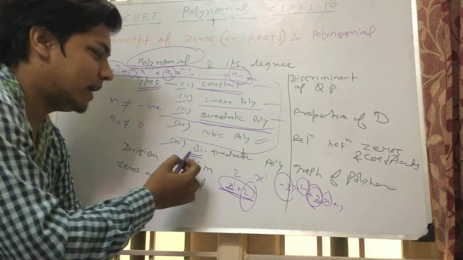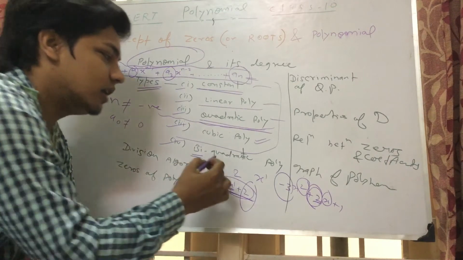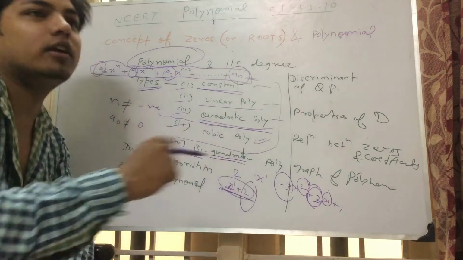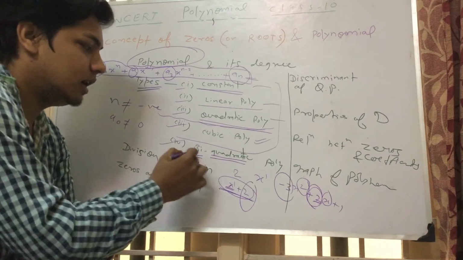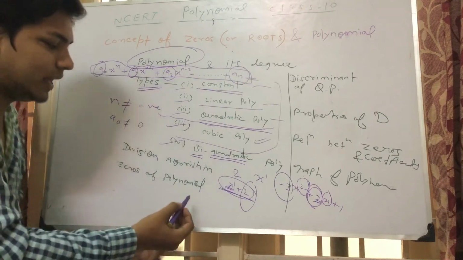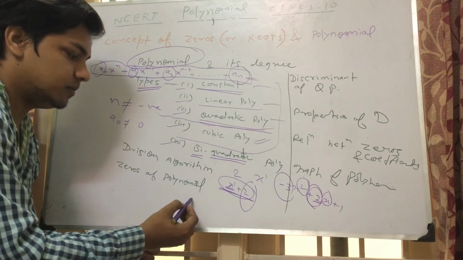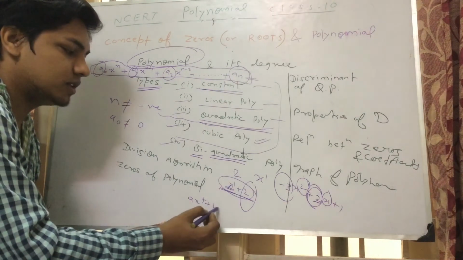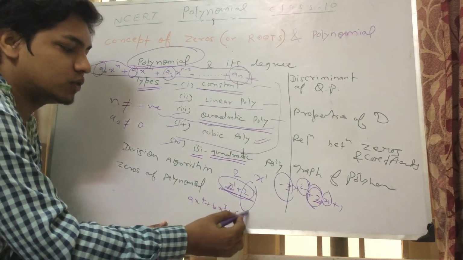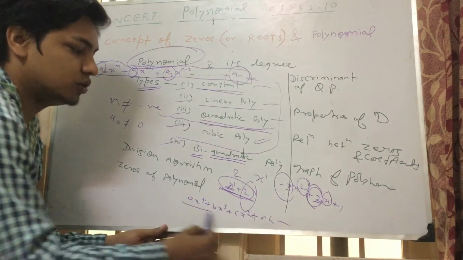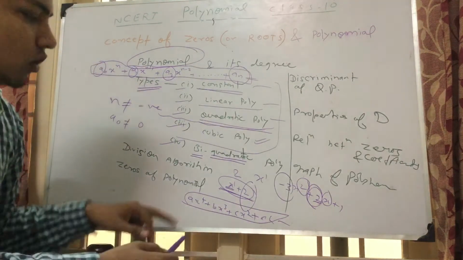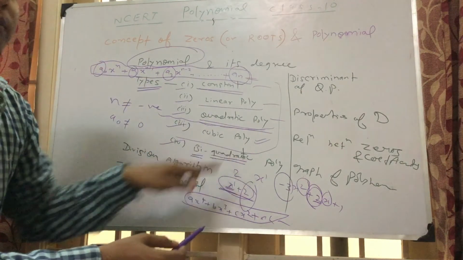So bi means 2, and biquadratic means 2 times quadratic, means power 4. So like you can have an example, ax power 4 plus bx cube plus cx square, like that, plus x plus some constant. So this will represent the general format of a biquadratic polynomial.